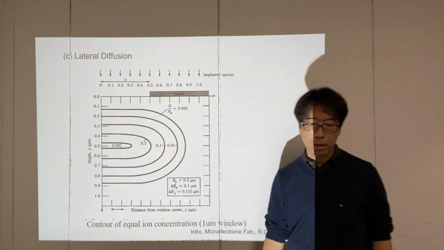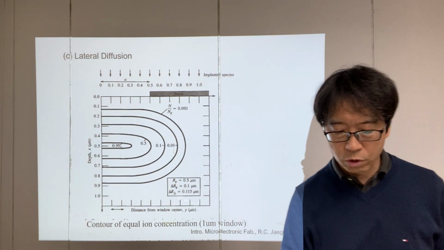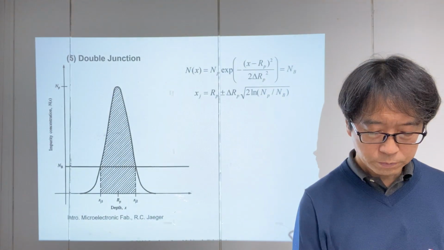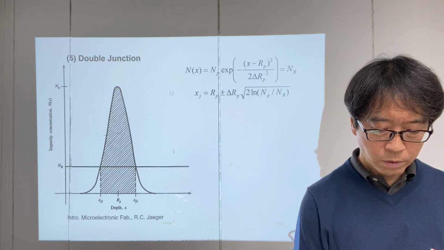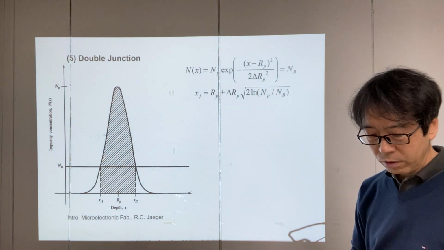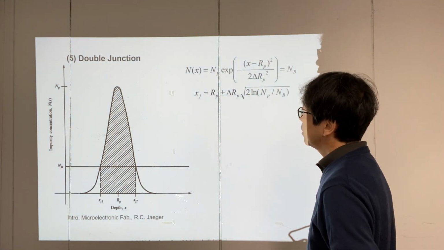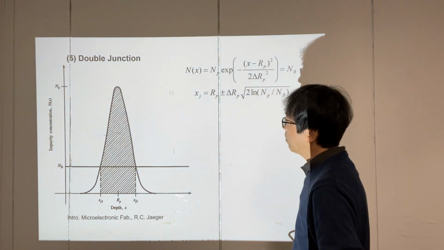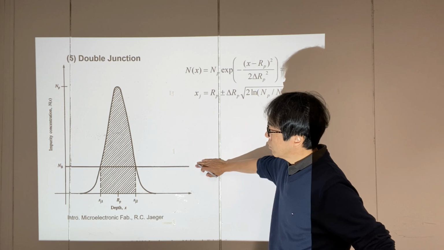Lateral distribution as a result of scattering. Okay, and with this doping, you can create something very, very strange indeed. Look, you have a background concentration like this.